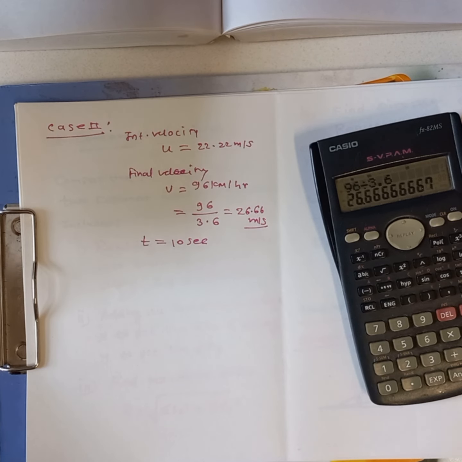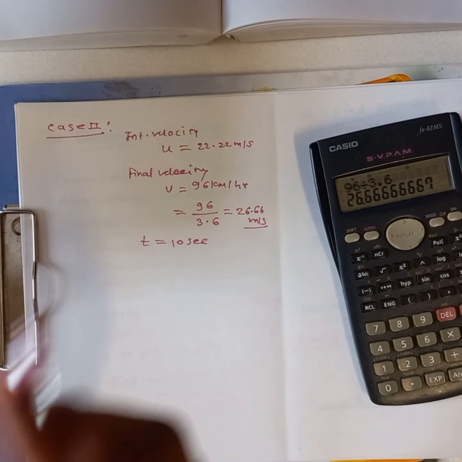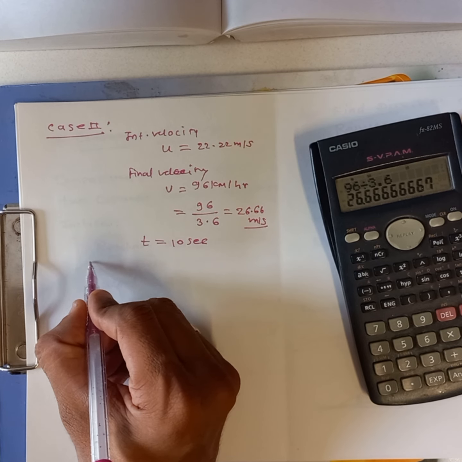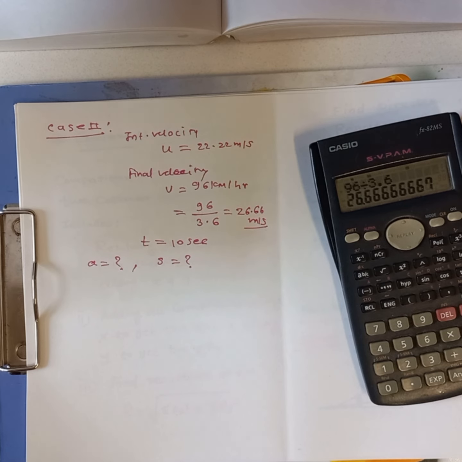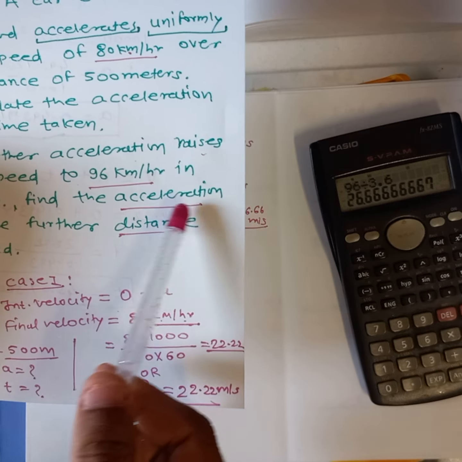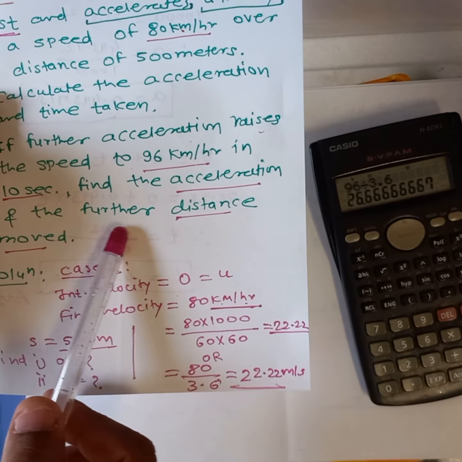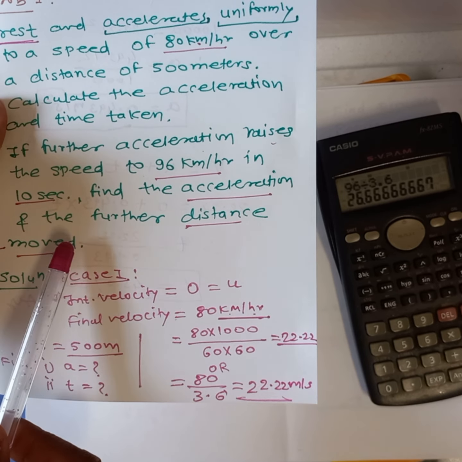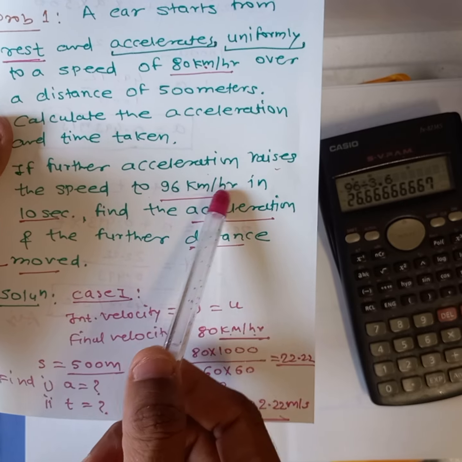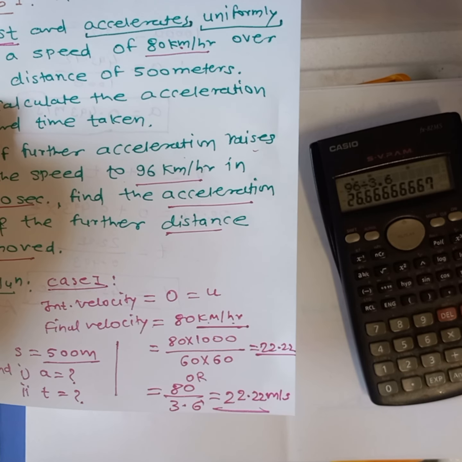So this is the condition given. Now we are asked to find a and the distance covered. These two things are asked: find the acceleration and the further distance moved. How much distance has been moved by the car with this particular velocity or speed.